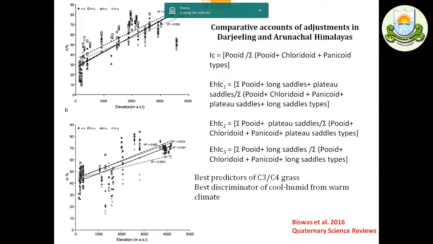So we have added some dominant phytolith morphotypes which are produced exclusively by the Himalayan grasses, and in this way we have calculated this conventional IC in three different ways, HIC1, HIC2 and HIC3, and we found that HIC2 is the most suitable one for the Eastern Himalaya, but we have to go further.